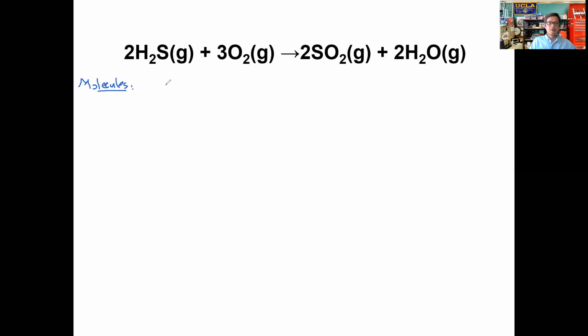All right, so then we start out with 2 molecules of H2S, and to that we react 3 molecules of O2. Those are reactants. Okay, products then will form 2 molecules of sulfur dioxide and 2 molecules of water. Okay, so we're just identifying the total particles here, so we're not identifying the atoms.